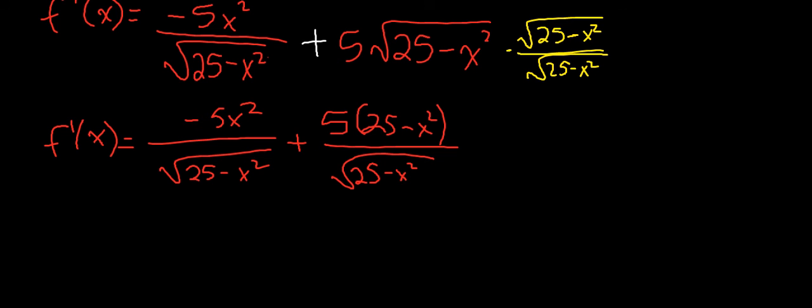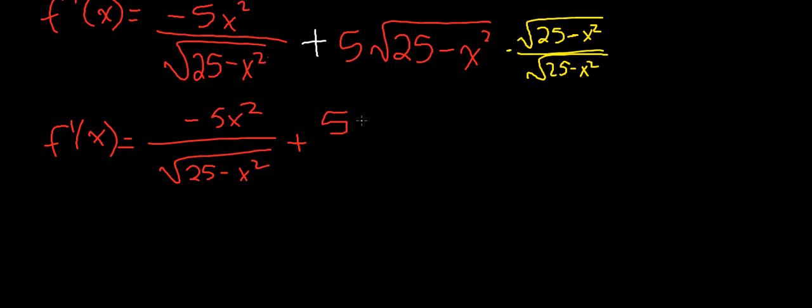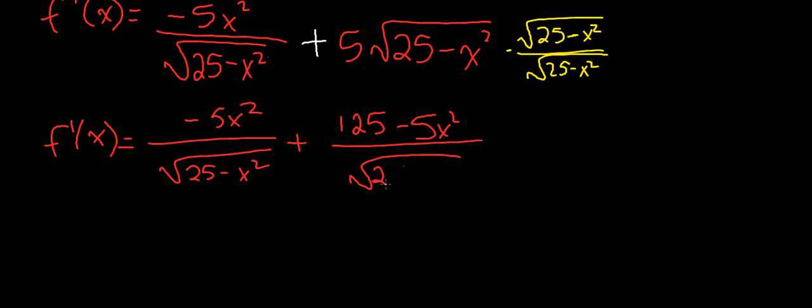And again, we could simplify that. 5 times 25, well, 4 times 25 is 100, so 5 times 25 is going to be 125. And then that'll be a minus 5x squared over the square root of 25 minus x squared.